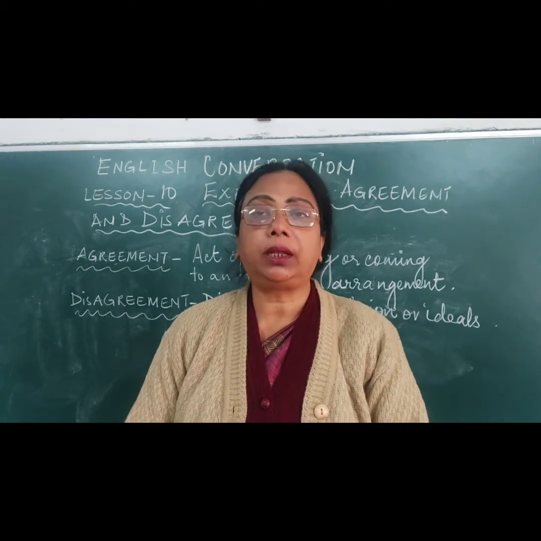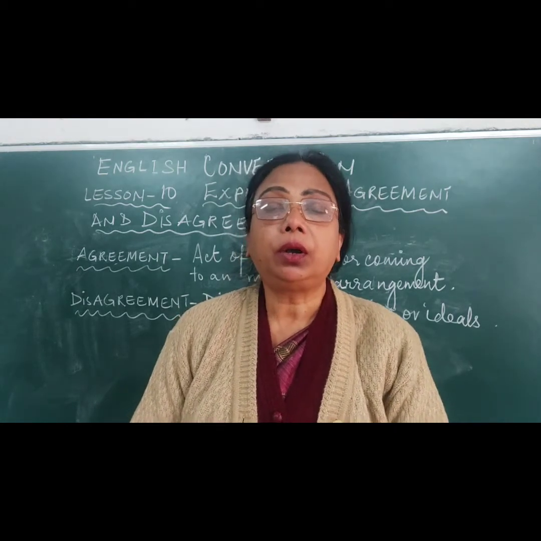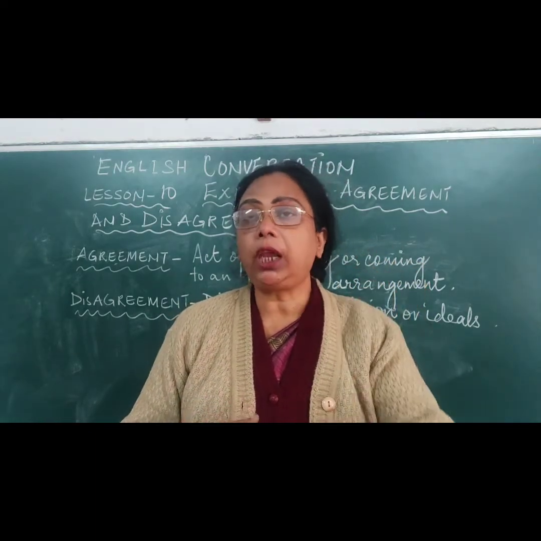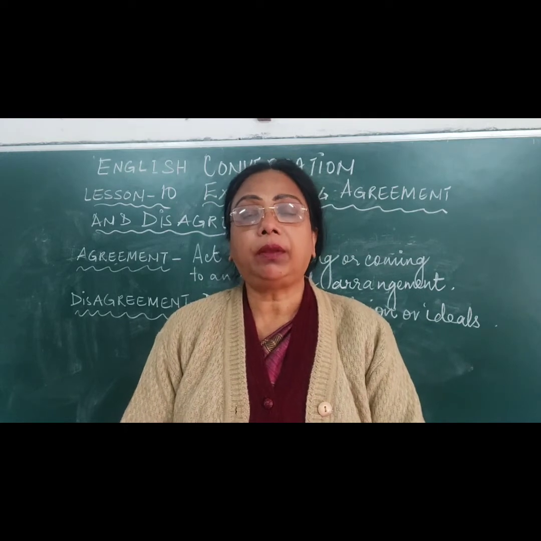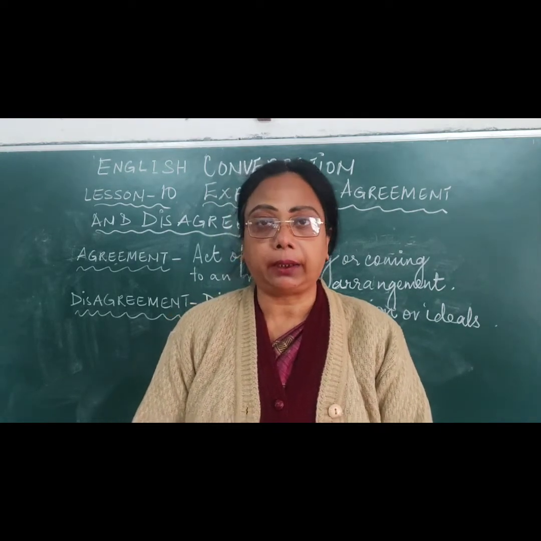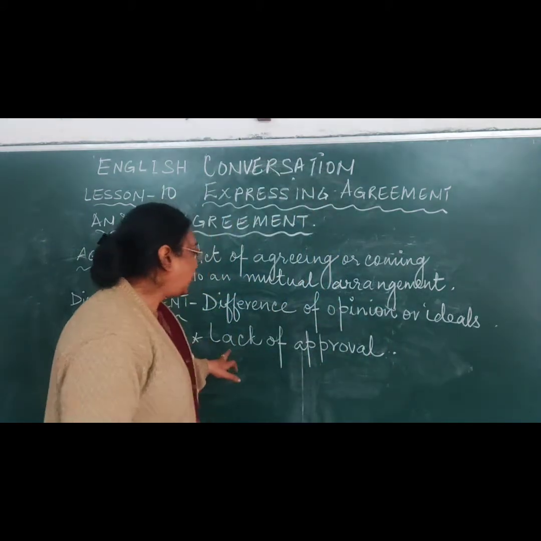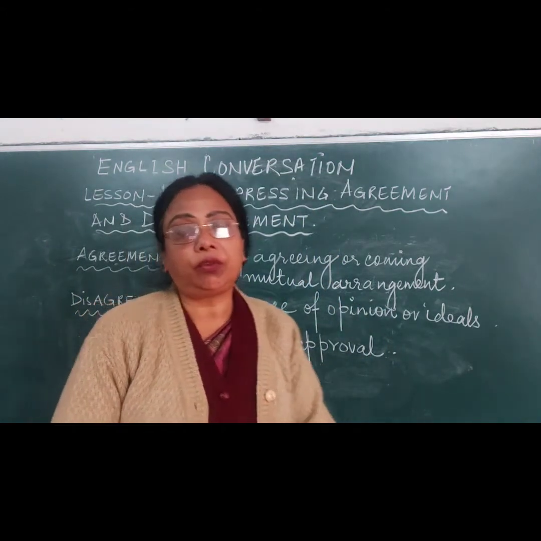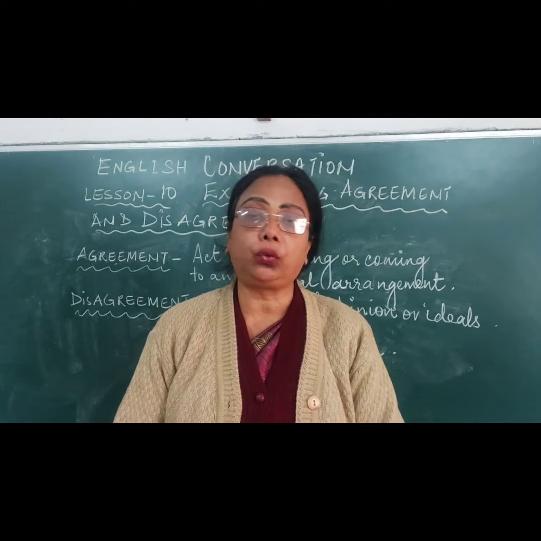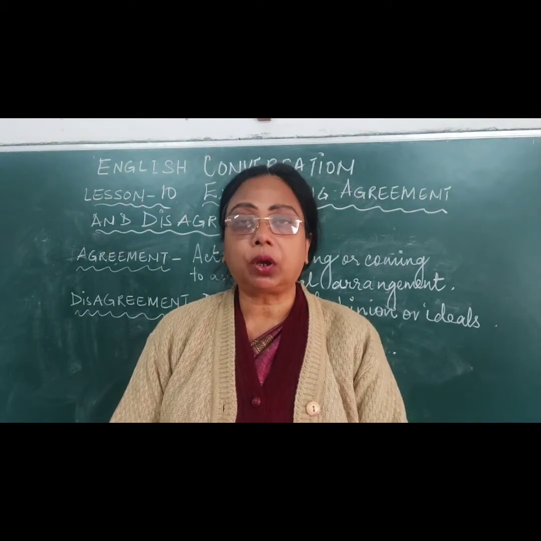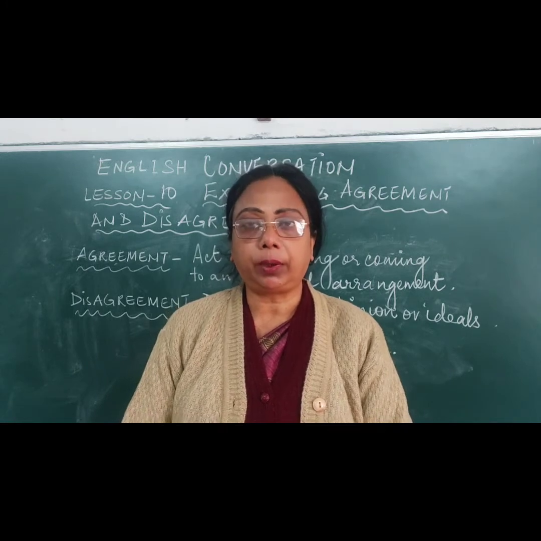Your father is disagreeing with the thought that has come in your mind to stay in someone else's house at night. So it means lack of approval. Your father has not approved you to go and stay at someone else's house. So this is called disagreement.